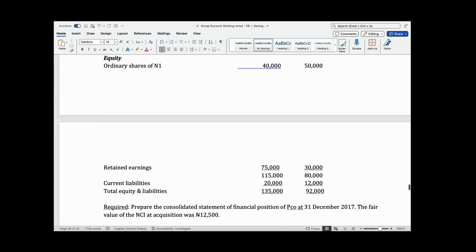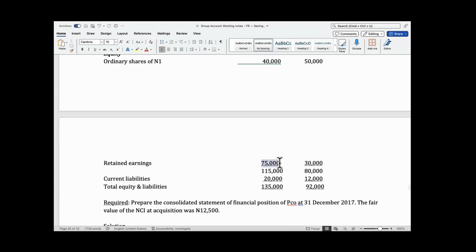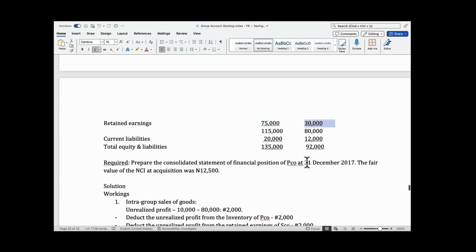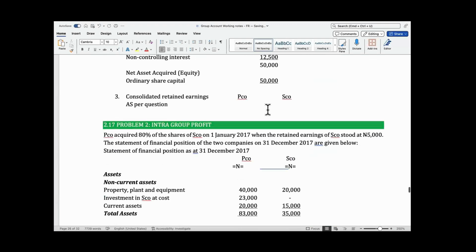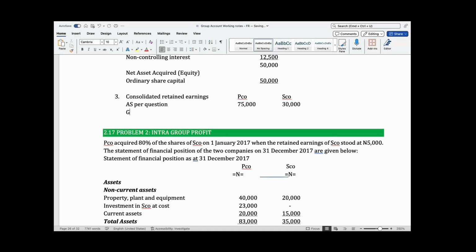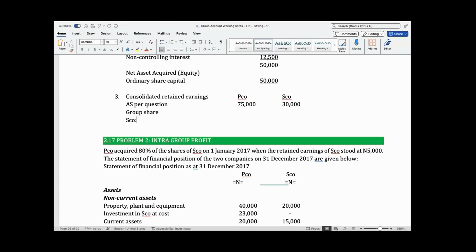As per correction, this 75 and this 30. Then group share in ESCO. The group has 75% of this 30,000. Anyone?